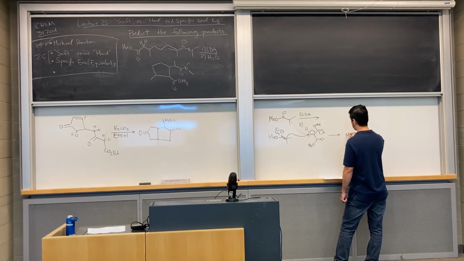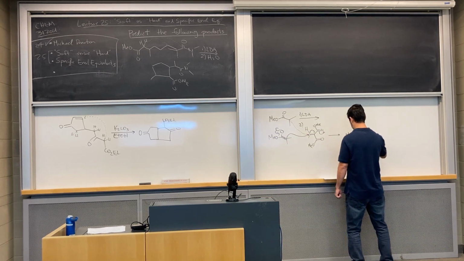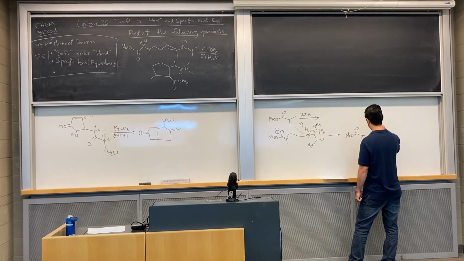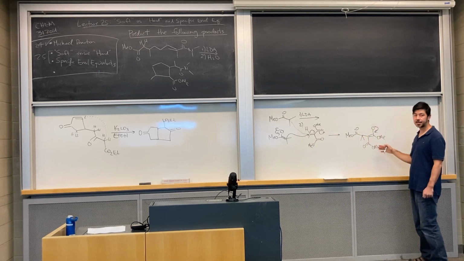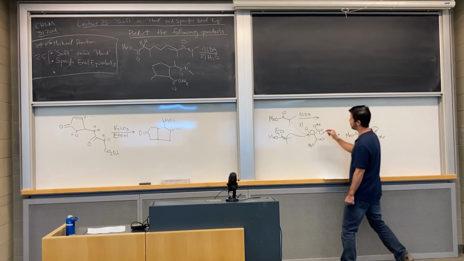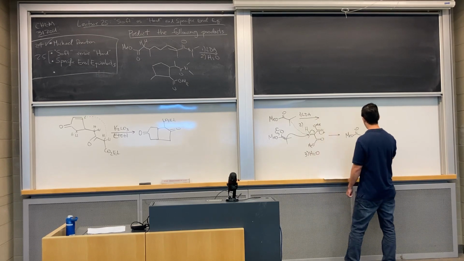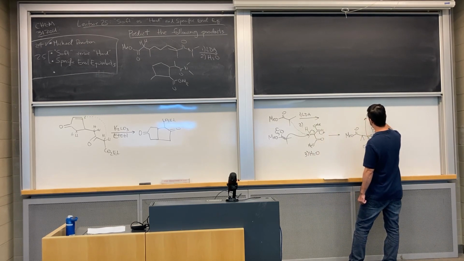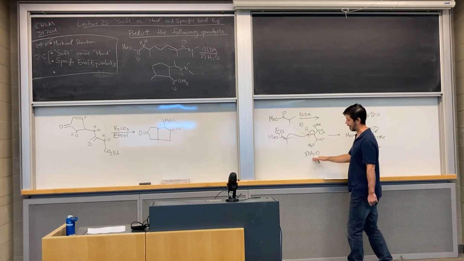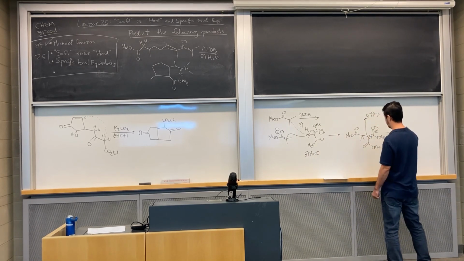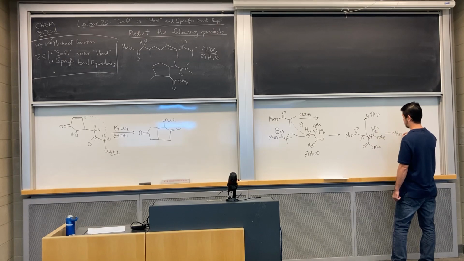This will look like this enolate here, and then this will pick up a proton during the workup step. Just note that I added a workup step here, and then your final product will look like this.